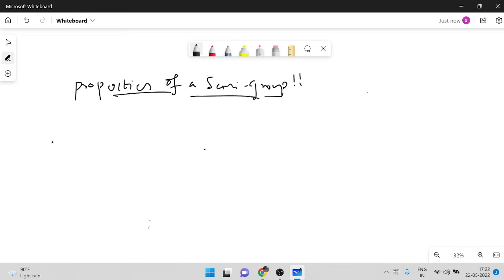So now another property: limit t tends to 0 plus of 1 by t integral 0 to t of T of sigma z d sigma goes to z.